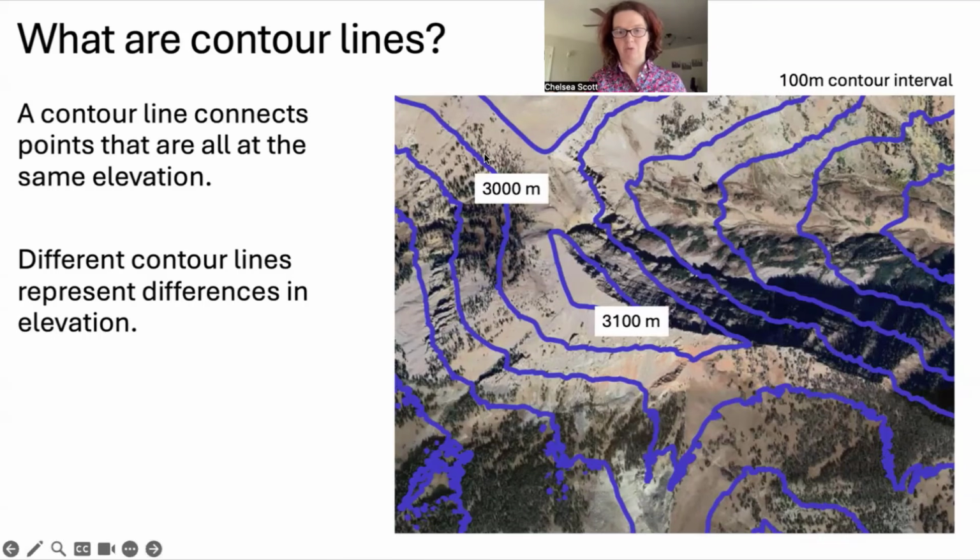So that means that all points along this line are at that 3,000 meter elevation. And the next contour line is going to be 100 meters lower, again, because we have that 100-meter contour interval. So all points along this contour line are going to be at 2,900 meter elevation.